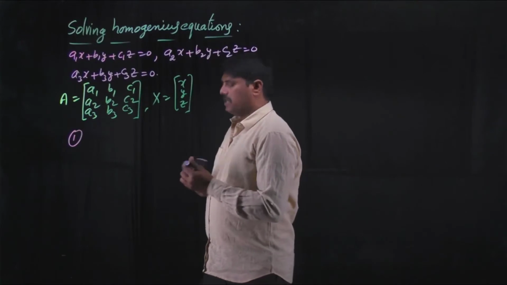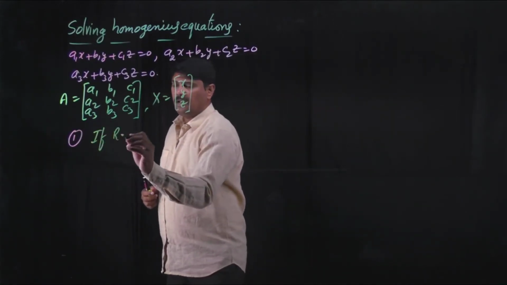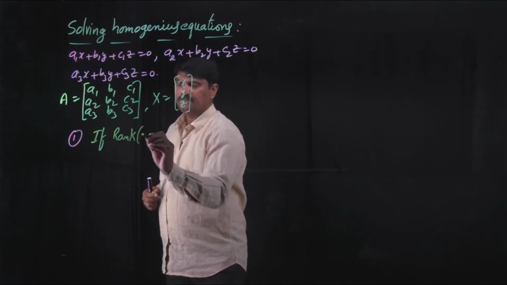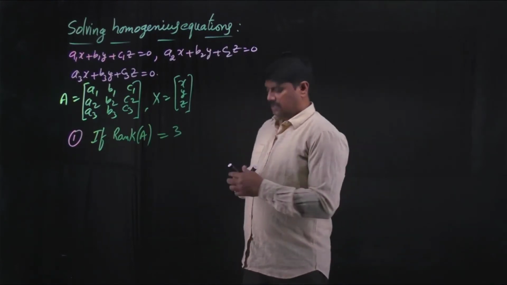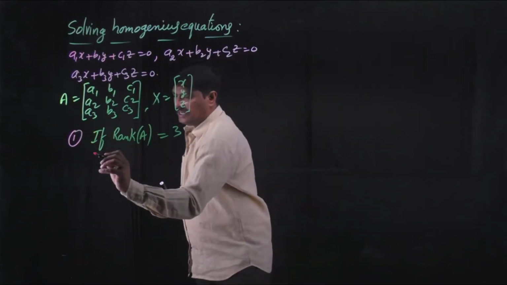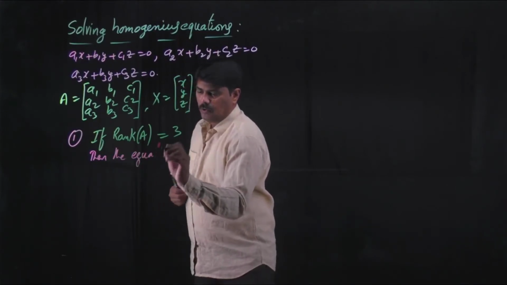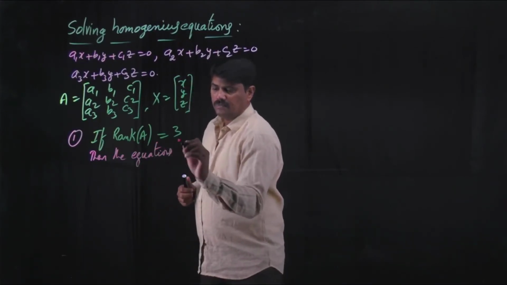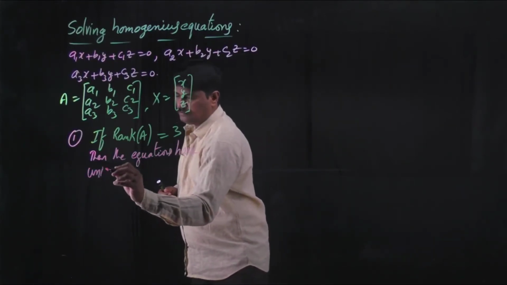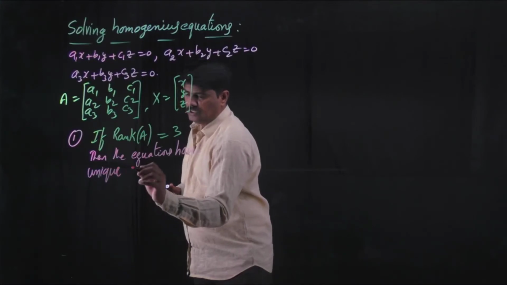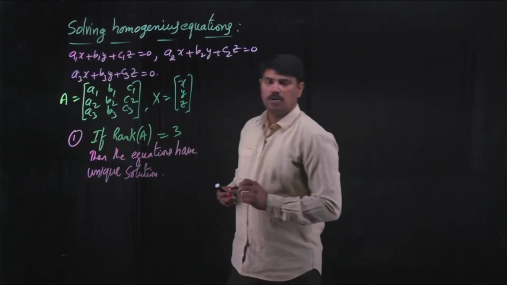The first point you have to learn is, if rank of A is equal to 3, rank of the coefficient matrix is 3, then the equations have a unique solution.